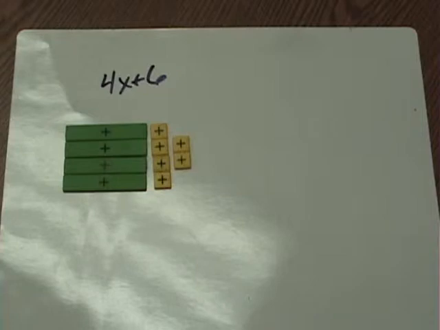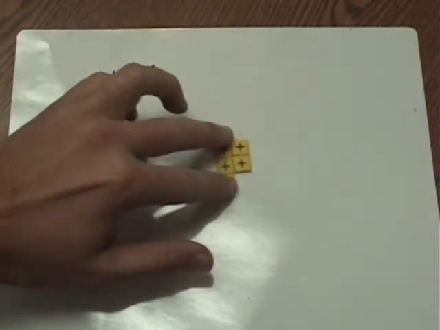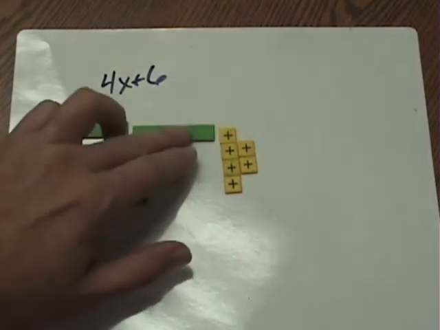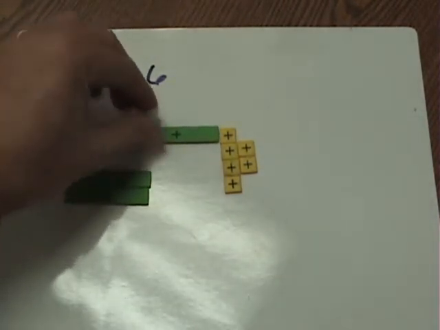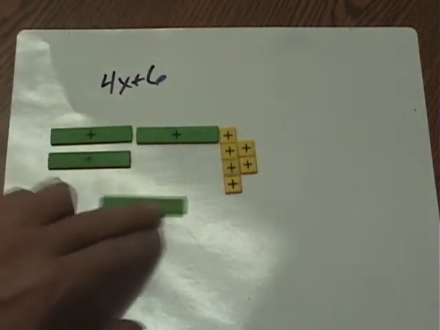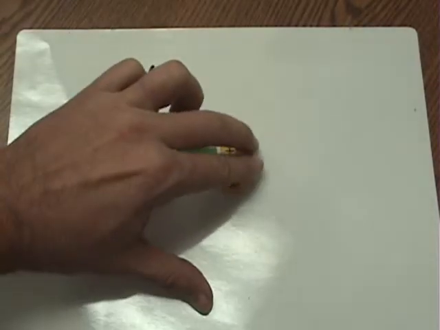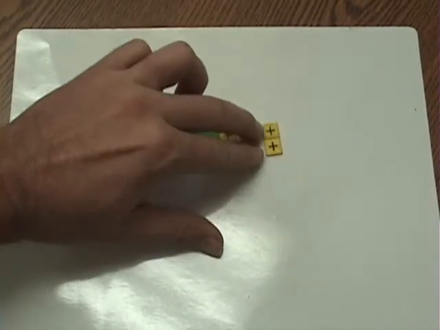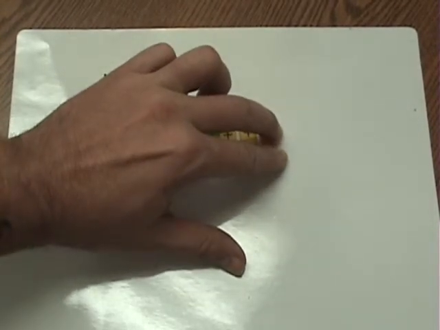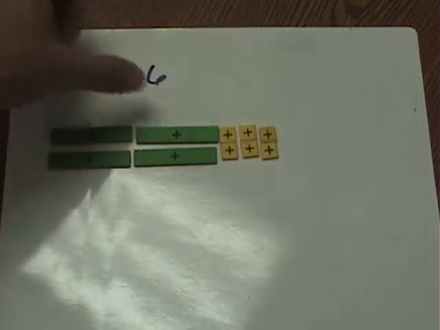Okay, but I may be able to take each of these, because they can be divided in 2, and create my rectangle like so.